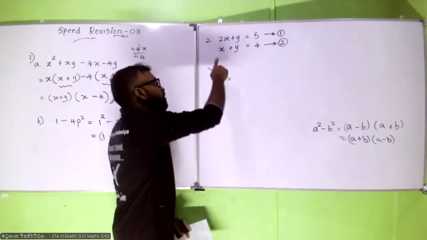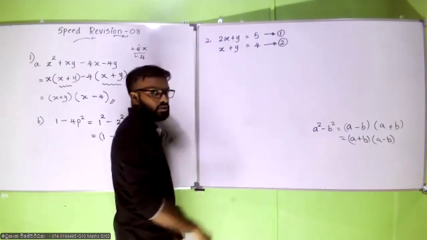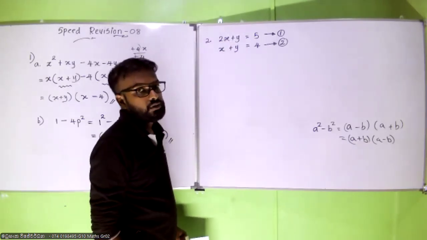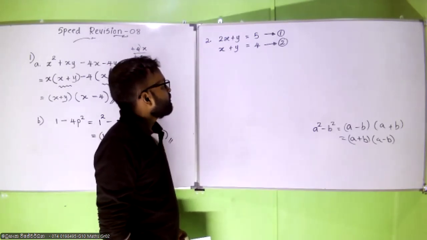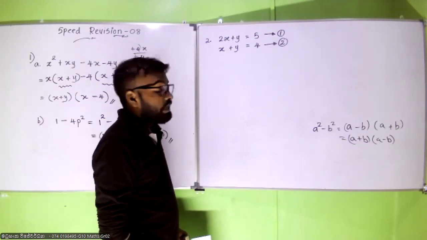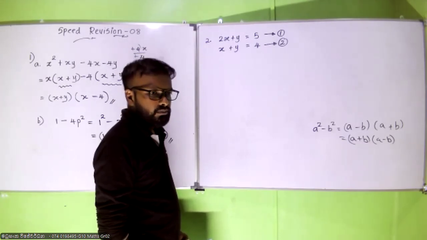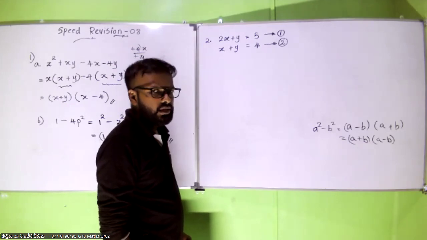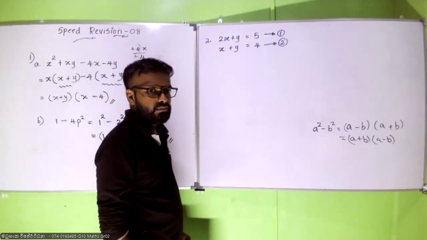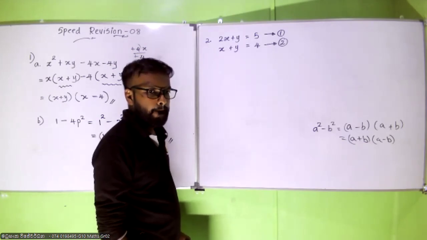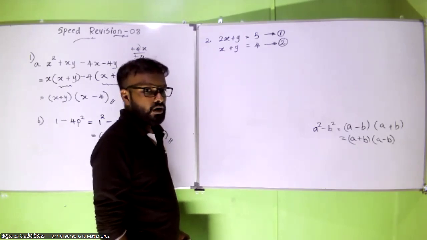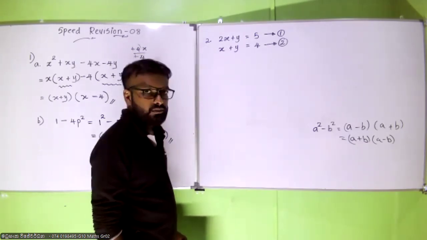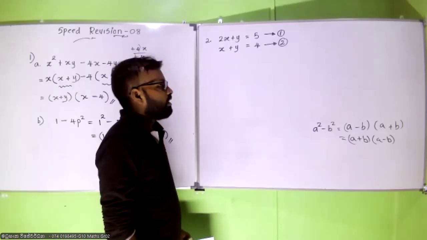Right? So here you have 2x plus y, x plus y on your left hand side on both equations. Can anyone tell me what is the term that you are going to eliminate, x or y? Please speak up. Y. Okay, super. Excellent.